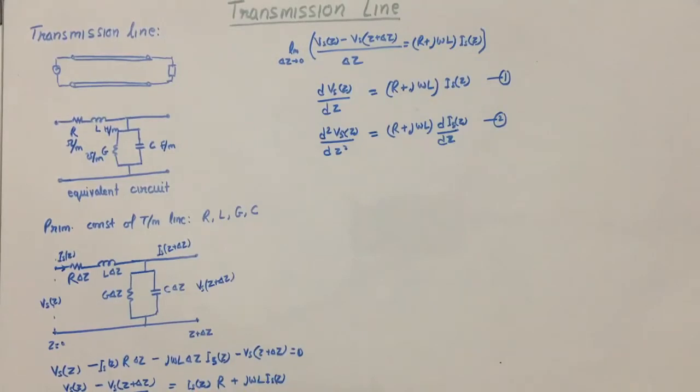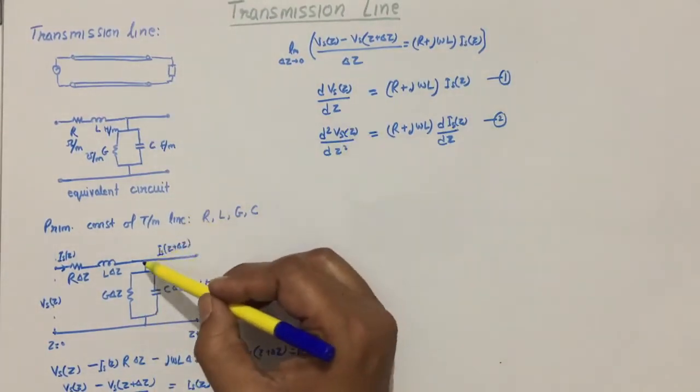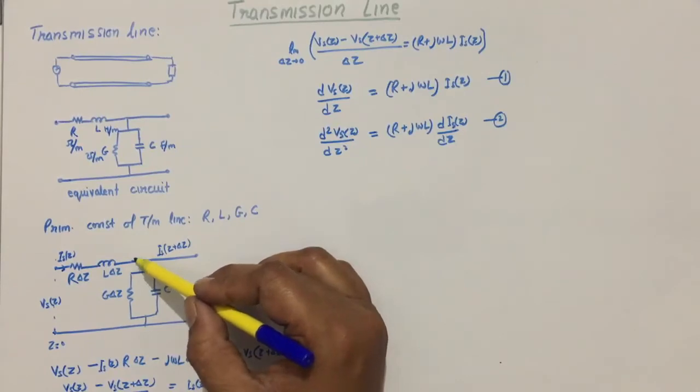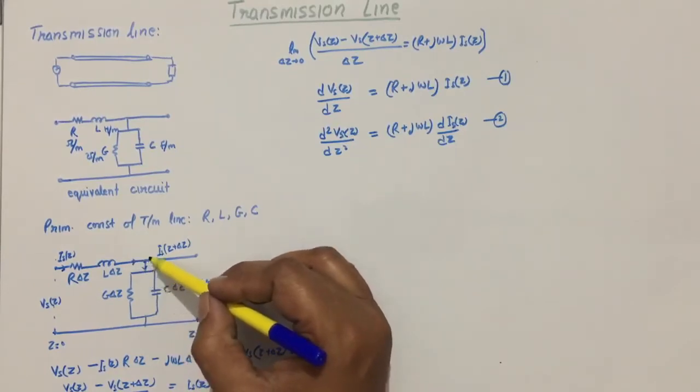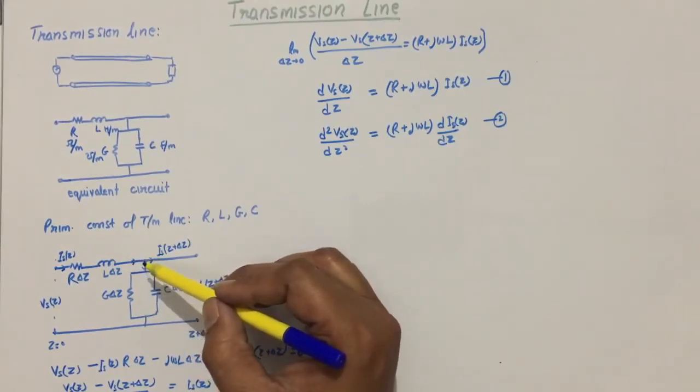Similarly, apply the same rule to find the current waves. For that purpose, we can do node analysis at this point. The sum of the currents at this node will be equal to 0.